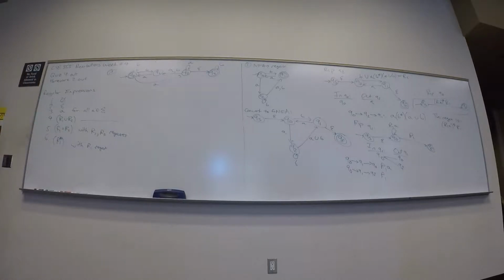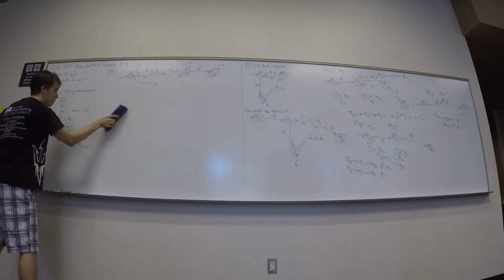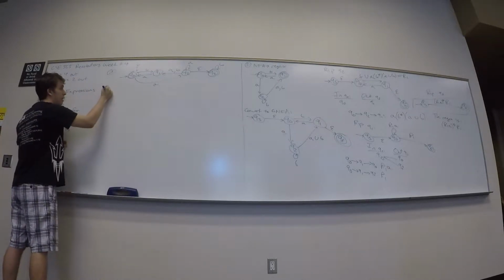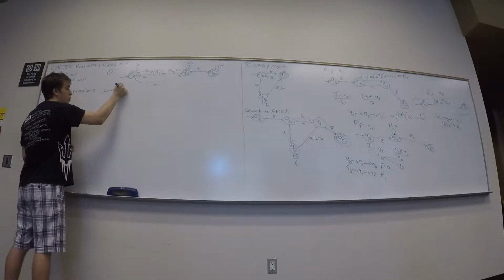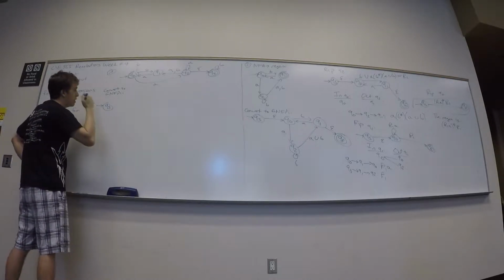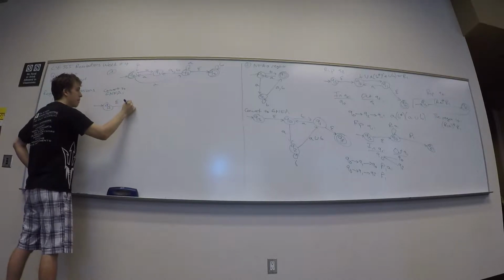So now I want to convert it to a regex, so what's the first step I need to do? Add your new start and final state. Add a new start and final states to make it a GNFA, so I'm just going to make some extra room. So convert to GNFA. I have to add a new start state QS with an epsilon transition to the old start state.